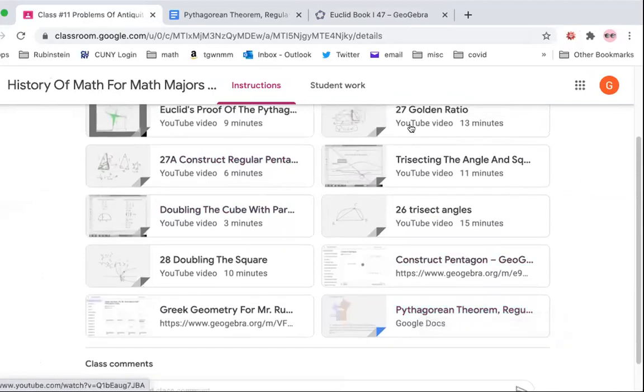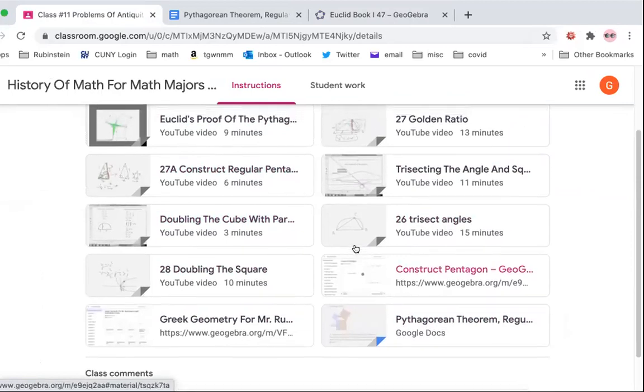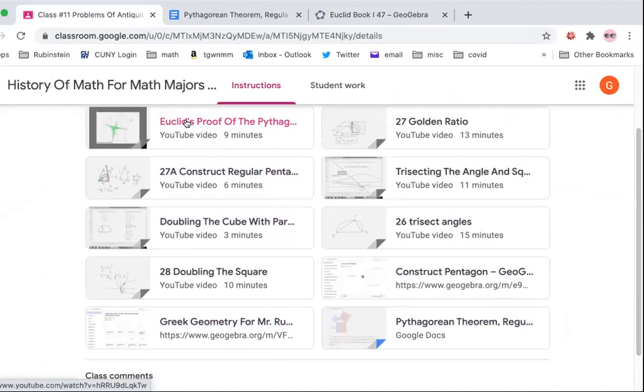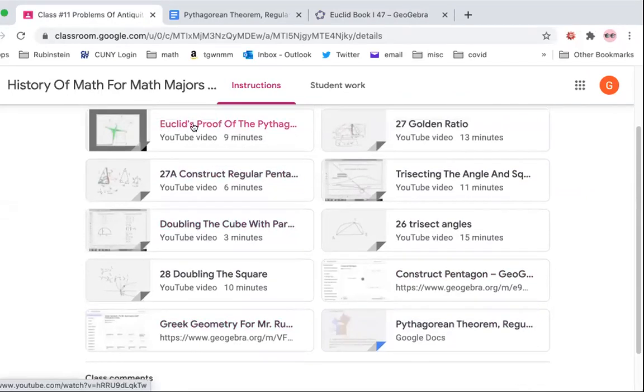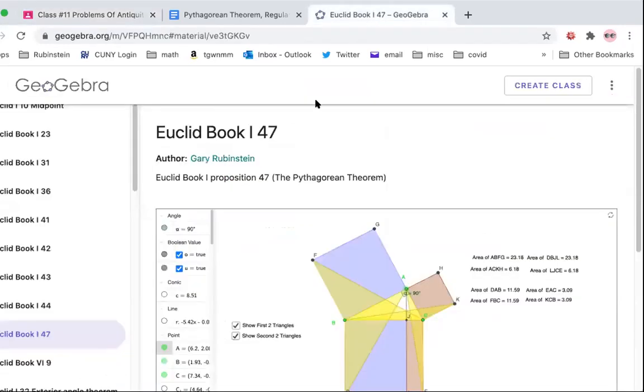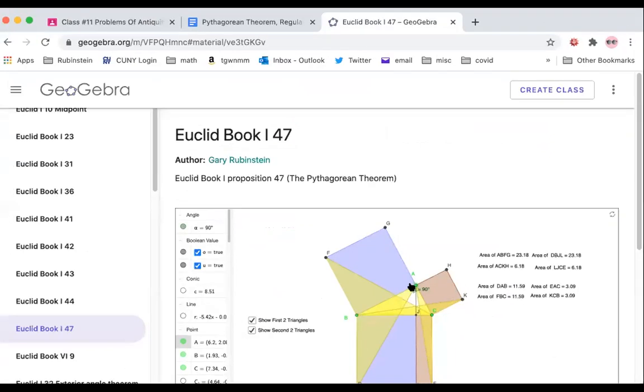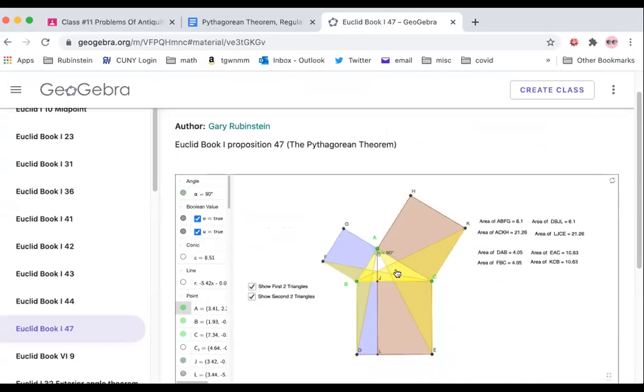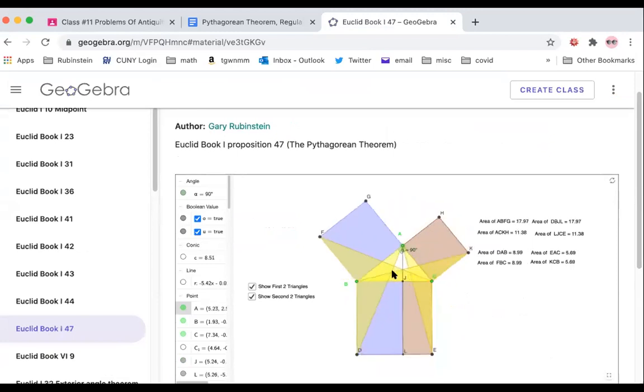But the other 9 things are either videos, which includes this one, Euclid's proof for the Pythagorean Theorem, sort of a 9-minute version of it, but it's really nicely done with a lot of animation. And not only that, but down here it says Greek geometry. That would allow you to go to this page where you could actually manipulate, and that gives you a feel for this also.